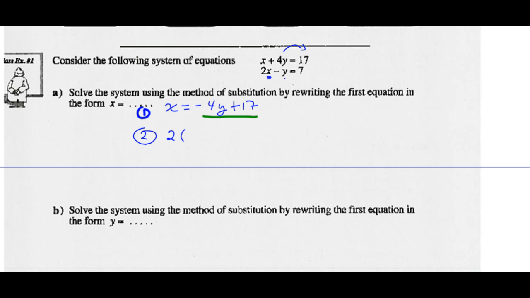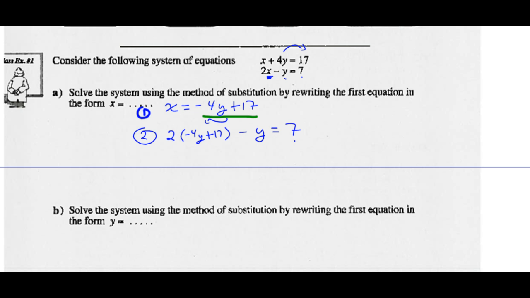So I used to have 2x minus y equals 7. But we know the value of x now is negative 4y plus 17. So that goes in where the variable x used to be. So instead of 2 times x, we now have 2 times negative 4y plus 17. And it's still minus y equals 7.